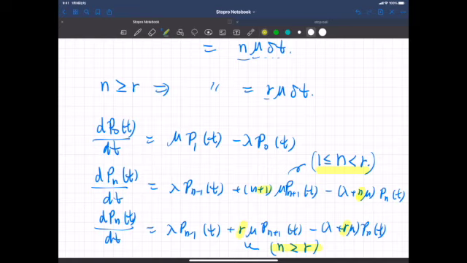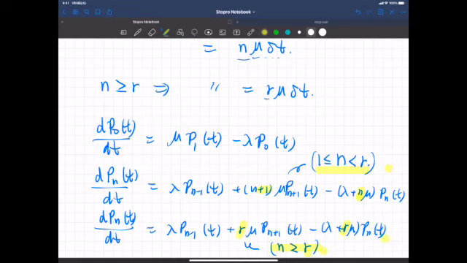But that hits the limit when the number of customers exceeds the number of servers, at which time we can only process at most r customers at the same time. So that's why we have to separate these two cases.